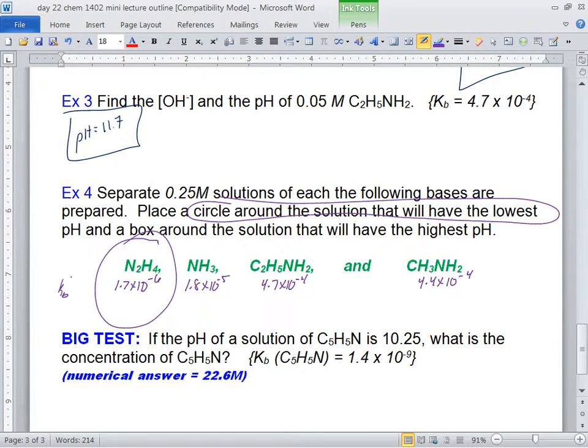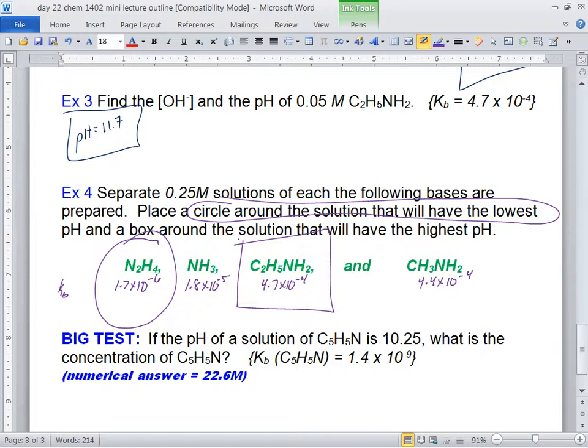And put a box around the one that has the highest pH. So the one that's the strongest base, Enrique. C2H5NH2. Yeah, I agree, right? Because 4.7 is bigger than 4.4. Yeah, so I'd put a box around that one. So that's how you play that game.